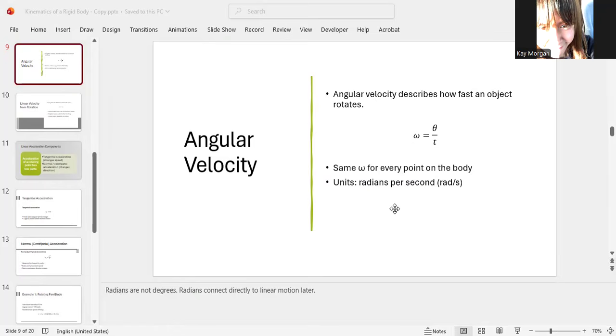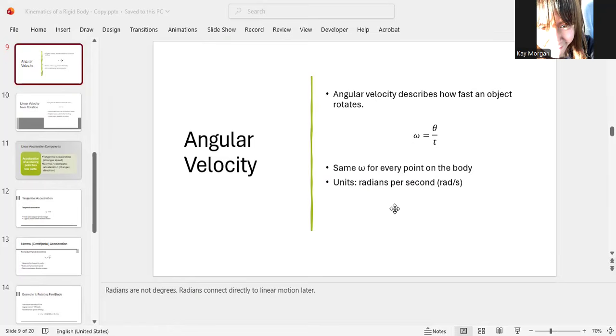One important idea is that every point on a rigid body has the same angular velocity. I'll tell you again and again, we're studying two different velocities in every rotating rigid body. One is angular velocity. It is very good because it doesn't change, so you don't have to think about it so much.